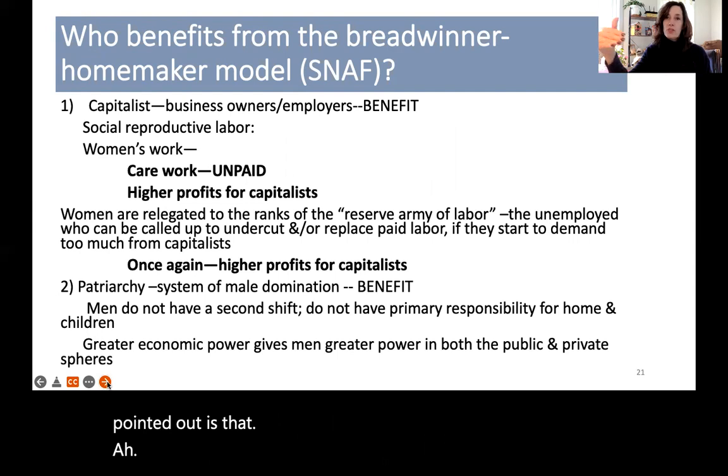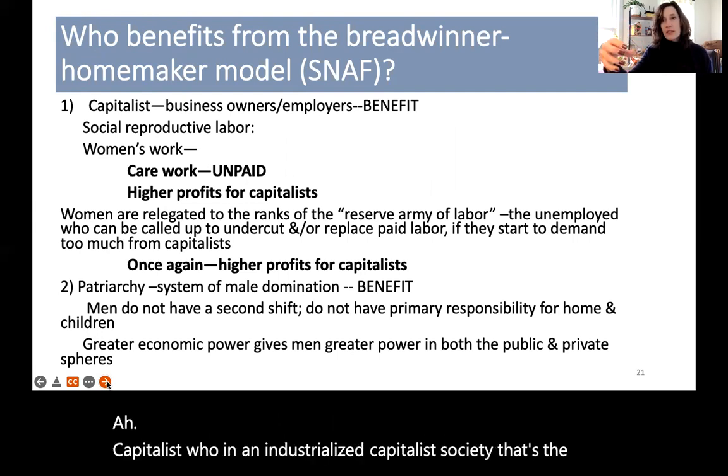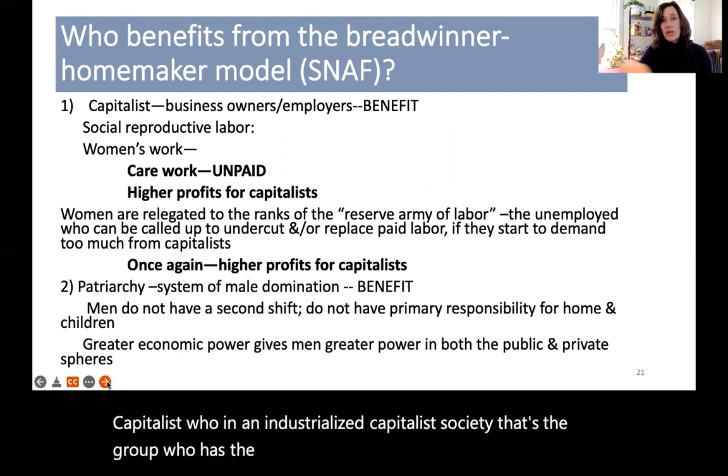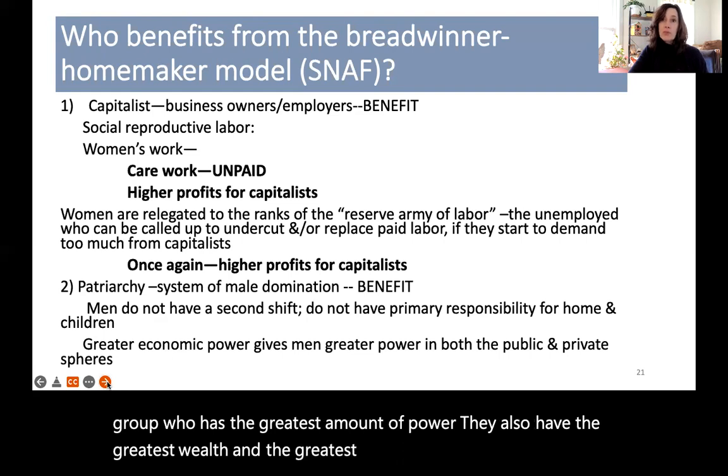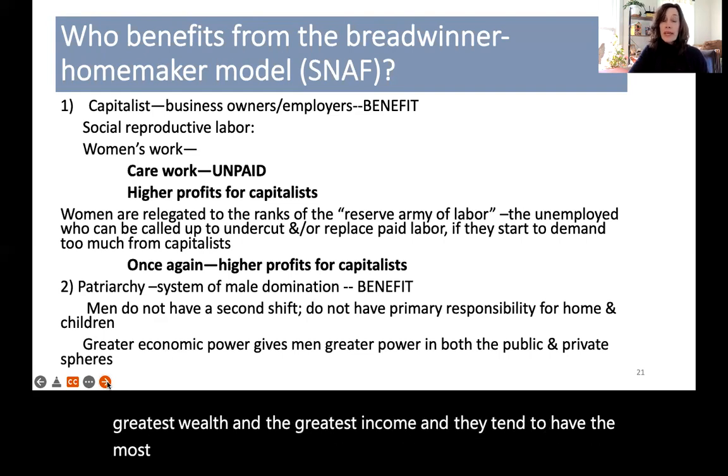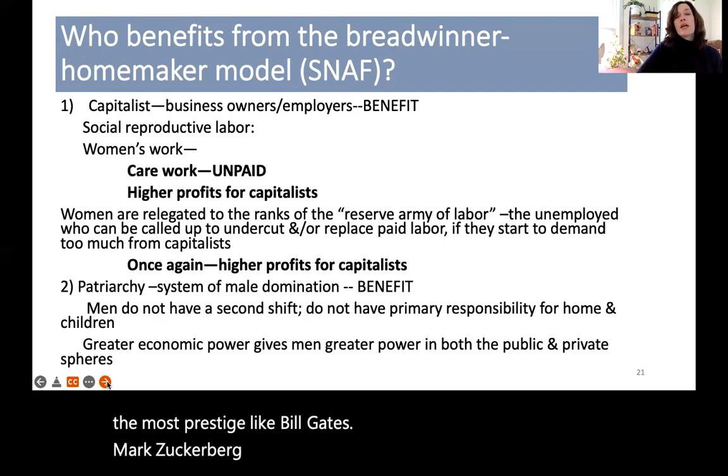capitalists, in an industrialized capitalist society, that's the group who has the greatest amount of power. They also have the greatest wealth and the greatest income, and they tend to have the most prestige, like Bill Gates, Mark Zuckerberg, these folks, right?